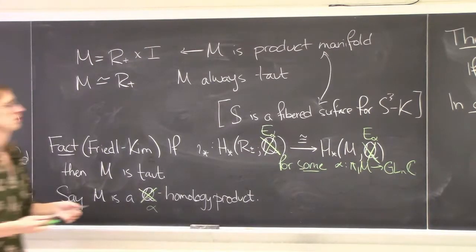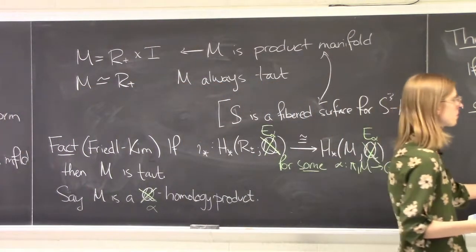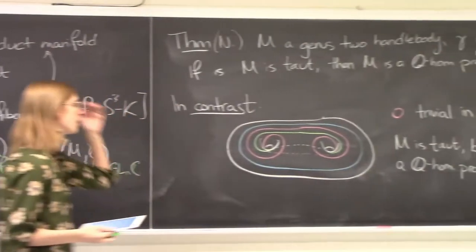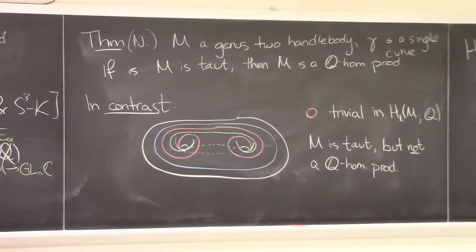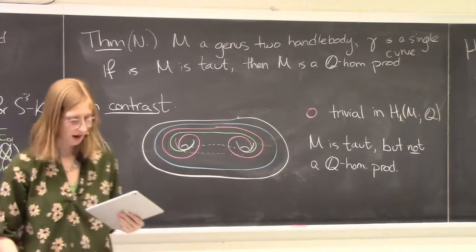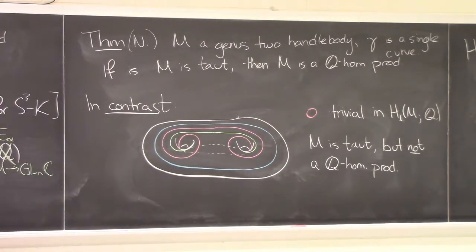Returning to my example right here, this was not a rational homology product, but we don't need to do that much to use this new theorem to realize that it's taut.